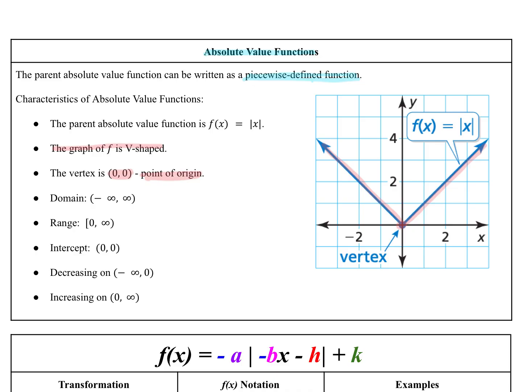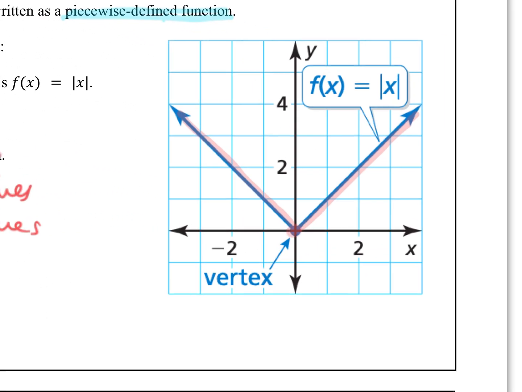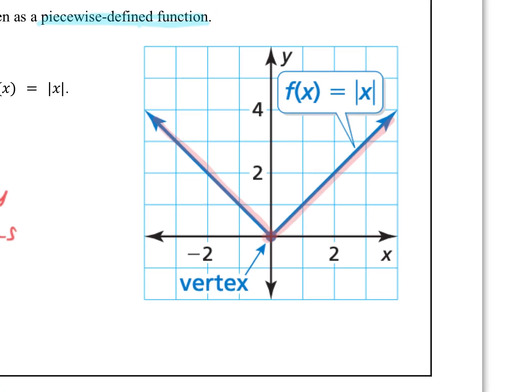Now, about the domain. The domain represents the x values, while your range represents your y values, okay? It is important for you to know the domain of your function so you can understand how it behaves. On the left side, you have negative infinity, and on the right side, you have positive infinity.